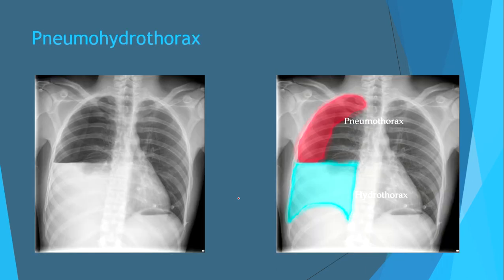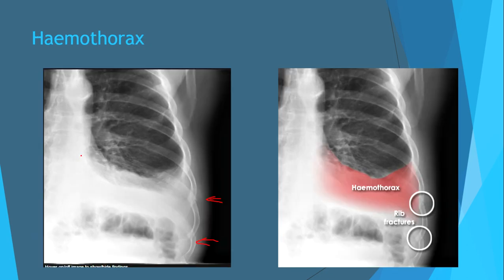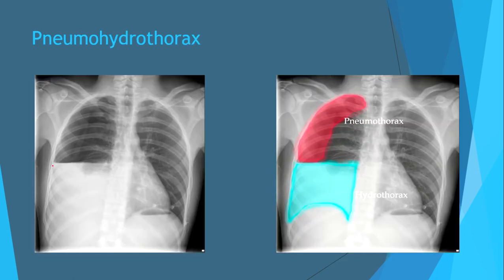Pneumohydrothorax. We can see on this picture pneumothorax and hydrothorax. Why do we expect the pneumohydrothorax? In this picture we see that the level of the liquid in the pleural cavity is horizontal, not convex.